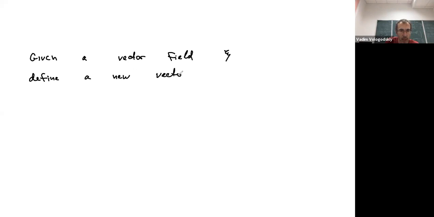So, given a vector field xi, define a new vector field, which I will call f star of xi, as follows.